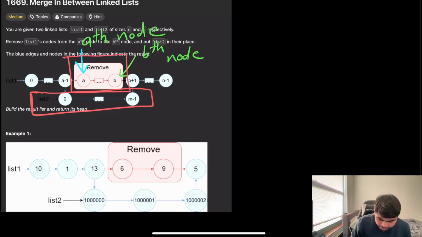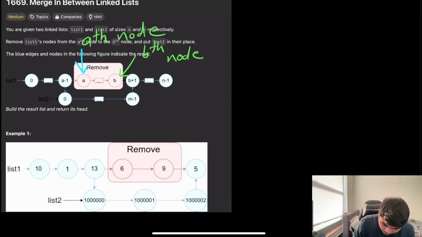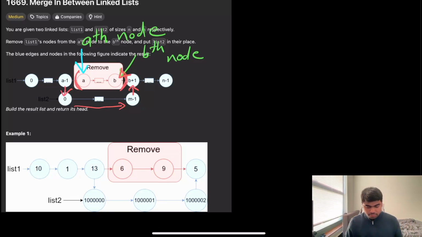Although they have shown it so beautifully using the pointers, it would be a piece of cake: before the ath node, you point its next to list 2's head, then you traverse list 2 and point its tail's next pointer to the next node of the bth node in list 1. There are a couple of ways of doing it.